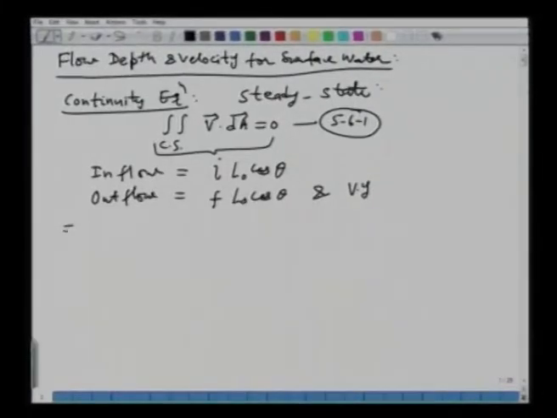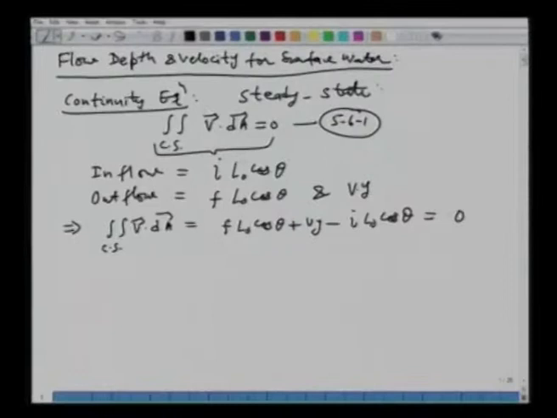So, therefore, this term we can write as, taking outflows as positive, we add them up, and inflow as negative. So, we put a negative sign in front and then equate it to 0.